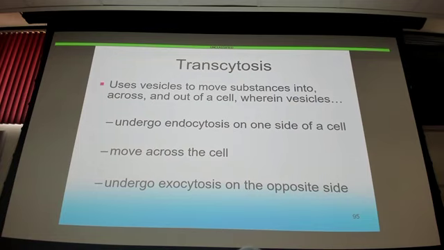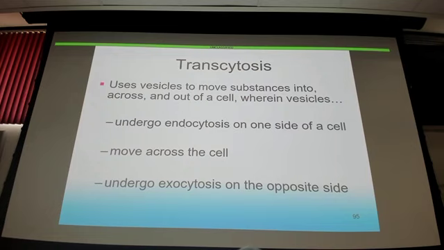It goes into one side of the cell, goes out the other. That's it. Like I said, a lot of times, normally, when you bring something into a cell, it's either being used by the cell or it's being interacted inside the cell. A lot of times with transcytosis, it just goes through the cell.